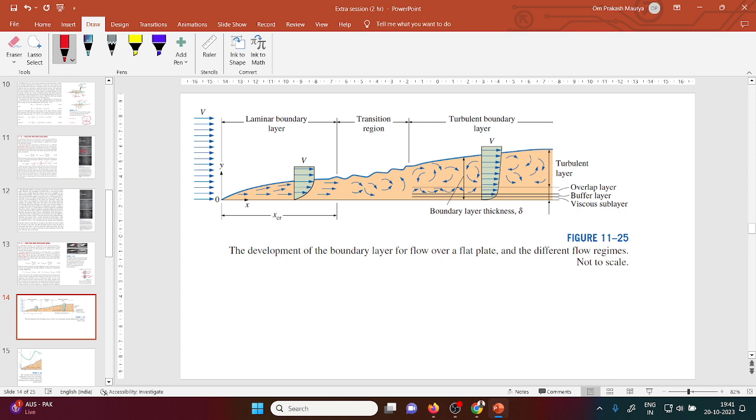I think this boundary layer concept I have explained earlier, but here also it is very, very important. Let's suppose this is a plate, and water is flowing uniformly in this direction, the direction of flow.